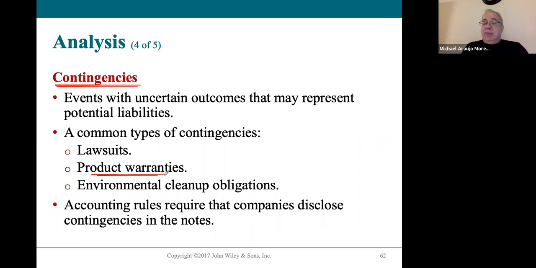So let's say you buy a new car and the manufacturer says, look, you'll have 5 years or 50,000 miles warranty on this car. We guarantee it. Okay. So what they did is they basically gave themselves a possible liability, right?